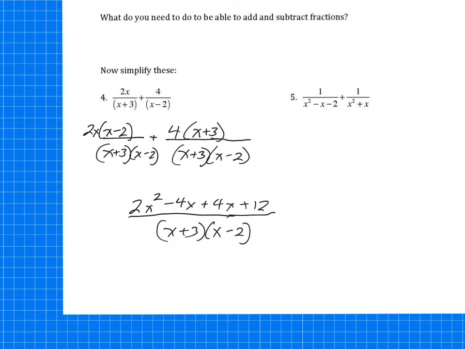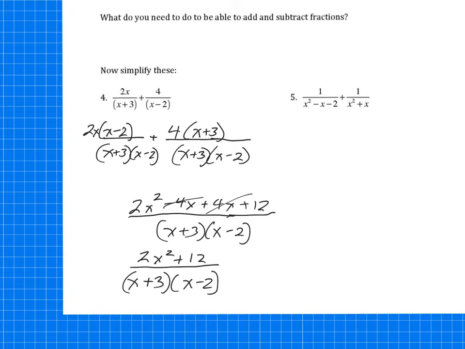So once the denominators are the same, we can combine the numerators under one denominator. Last step, just simplify everything nicely. This goes with this, and we're left with 2x squared plus 12 over x plus 3 times x minus 2.